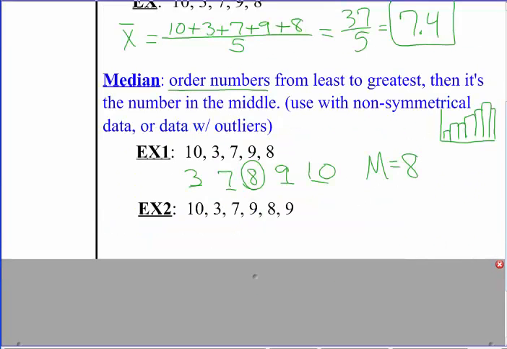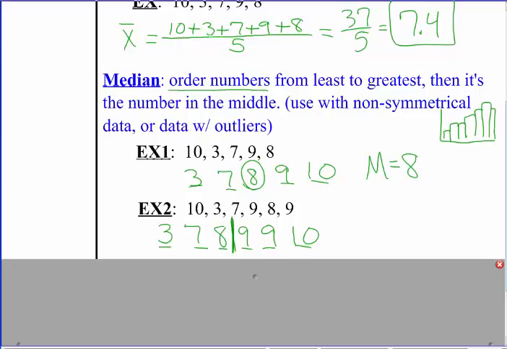Another example. It's nice when one of the actual data numbers is the median, but if you have an even number of data values, then the median is not necessarily one of those numbers. So we've got 3, 7, 8, 9, 9, and 10. Now when we look for the median, start on the outside edges, working our way to the middle. The median is between the 8 and the 9.